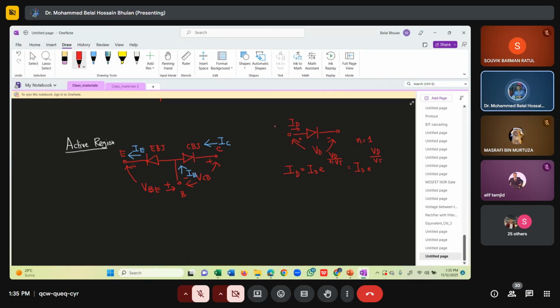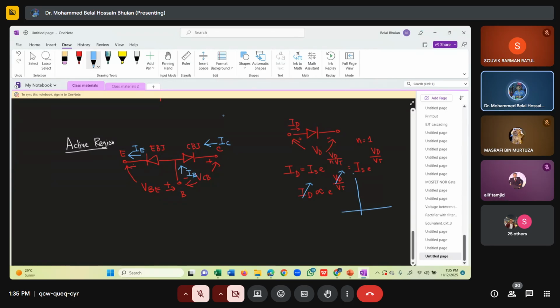That means according to the diode equation, ID is proportional to e to the power VD over VT. So if you change VD, you get a changed ID. That is nothing new.